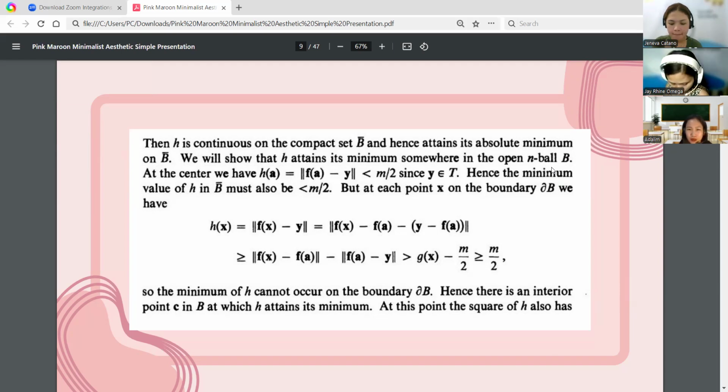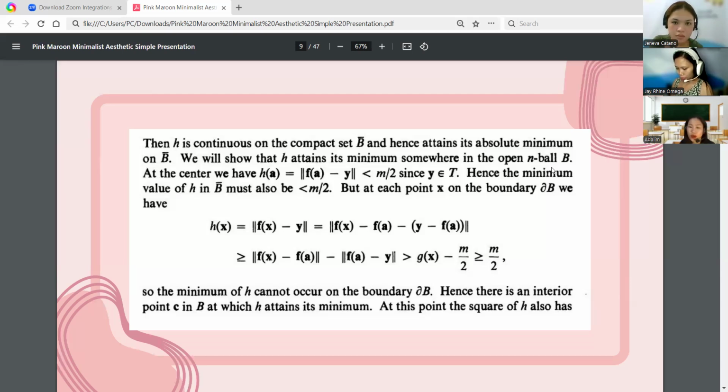It is less than m/2, since y is in T. Hence the minimum value of h in B must also be less than m/2. But for each point x on the boundary of B we have the following. That's the solution for that one. So the minimum of h cannot occur on the boundary of B. Hence there is an interior point c in B at which h attains its minimum.